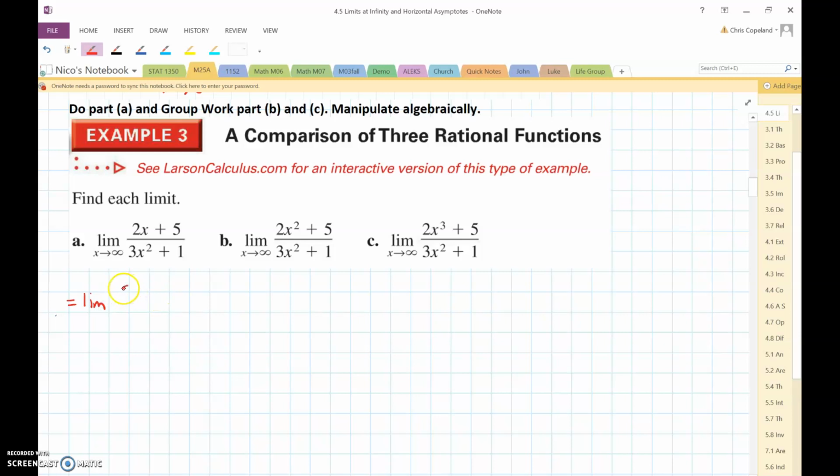I'm going to do that by taking every single term, and this time I'm going to divide it by x squared. Again, this is essentially the same thing as multiplying this function by 1. This is known as algebraic manipulation.